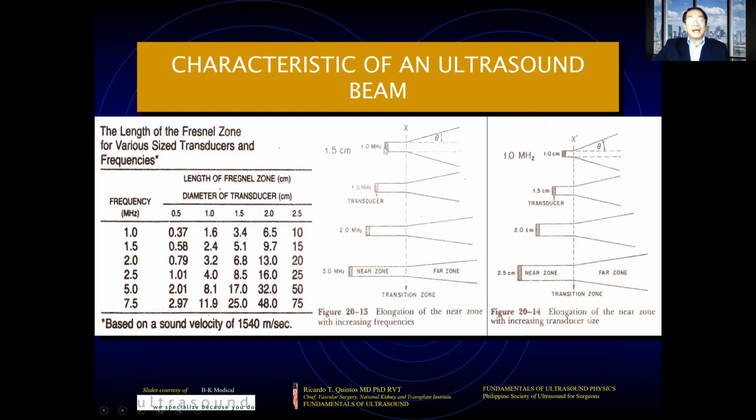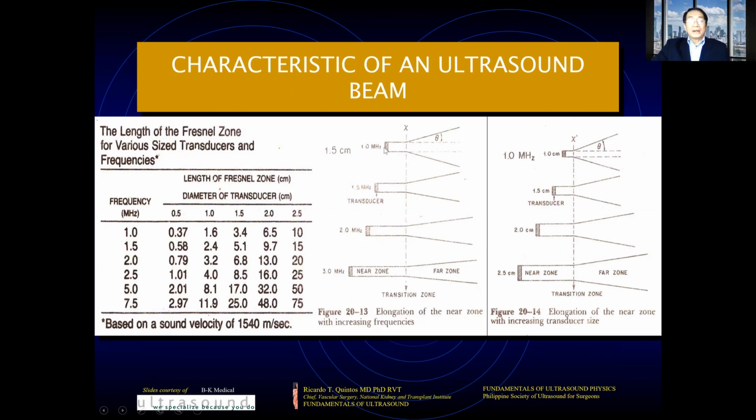If you have a lower frequency, then you will have a shorter near zone. If you have a higher frequency, then you will have a longer near zone.